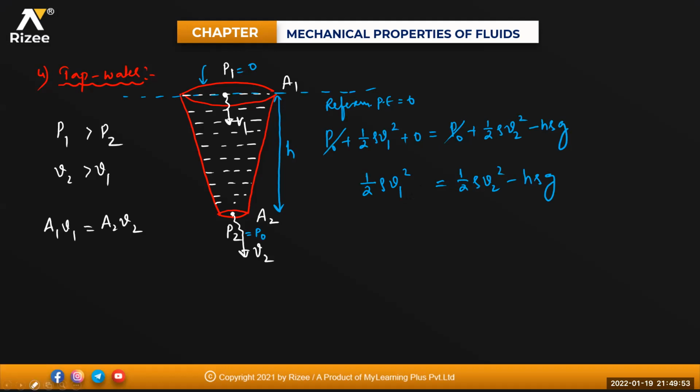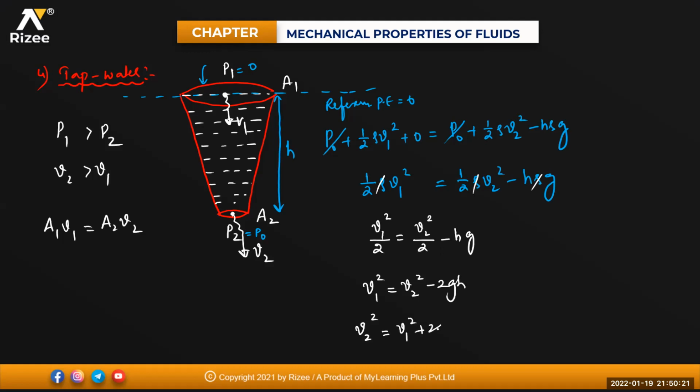Clear? Now in all those conditions, this rho and this rho will get cancelled there, beta. So I'll be writing this as V1 square divided by 2 is equal to V2 square divided by 2 minus H into G. So I can write here V1 square is equal to V2 square minus 2G into H. That means V2 square is equal to V1 square plus 2G into H. Isn't it?